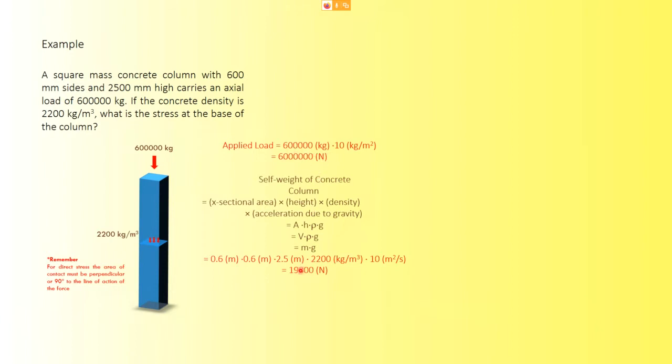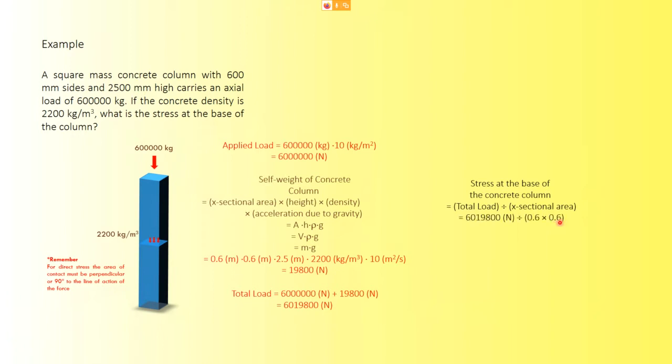Okay, you can add both of these together to form the total load. Then we know that stress is equals to force over area, the force over cross-sectional area, or the total load divided by the cross-sectional area, that is defined as stress.